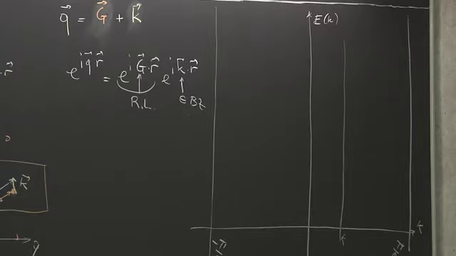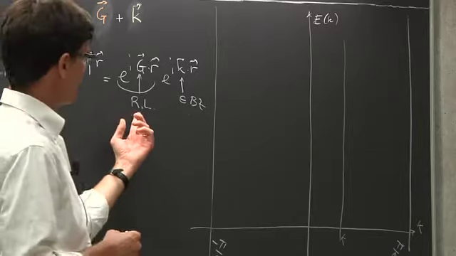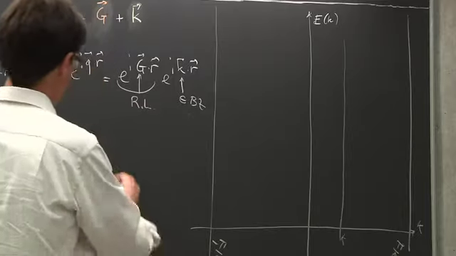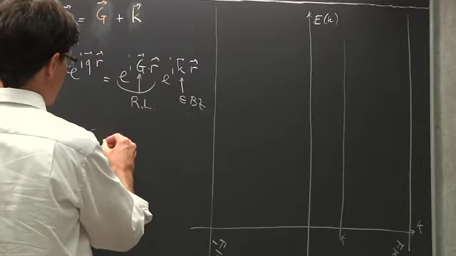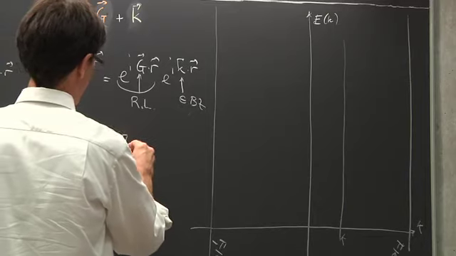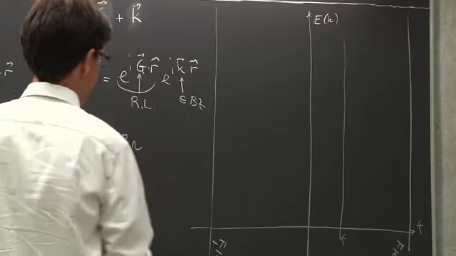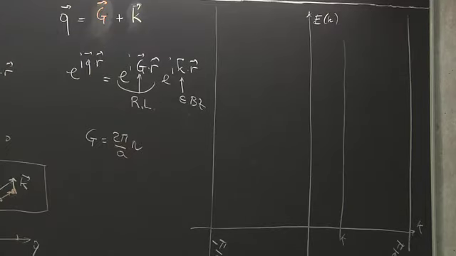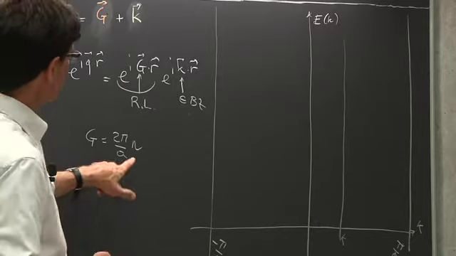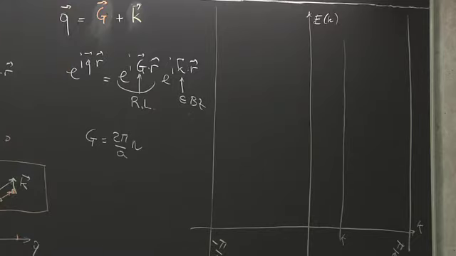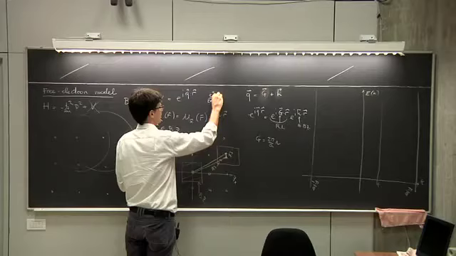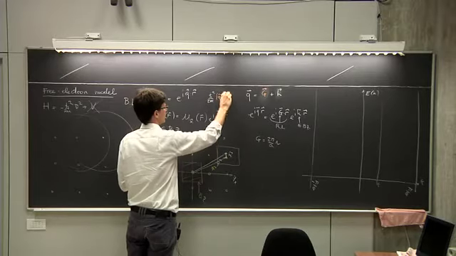In one dimension, what are the possible values of G? In one dimension, the possible values of G are 2π/a times n. So, in terms of energies, well, I never wrote the energies here, but obviously the energy is ħ²/2m q², right? That's the energy.